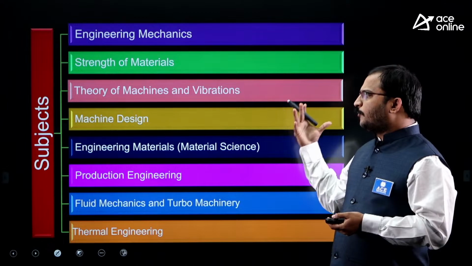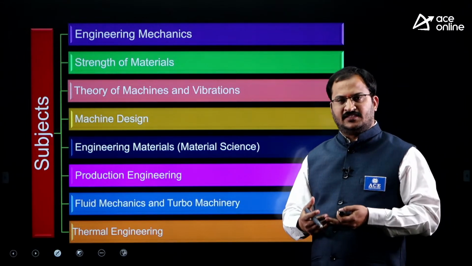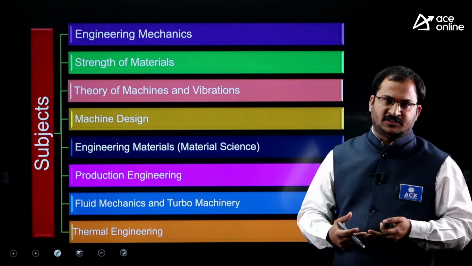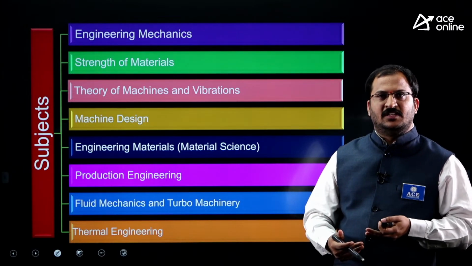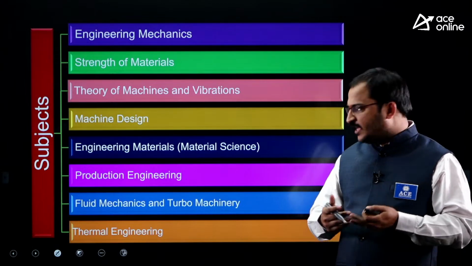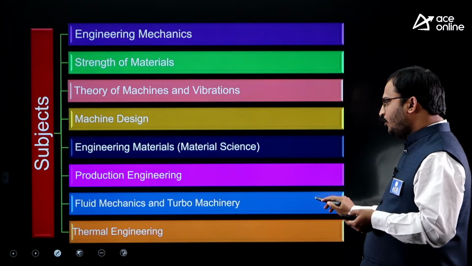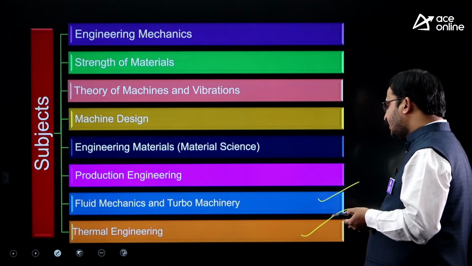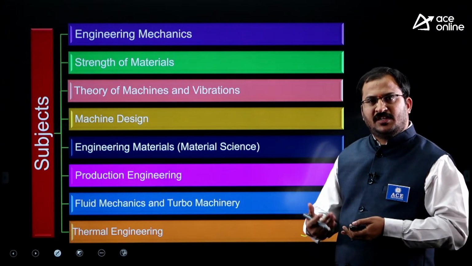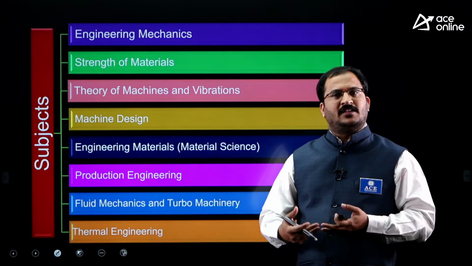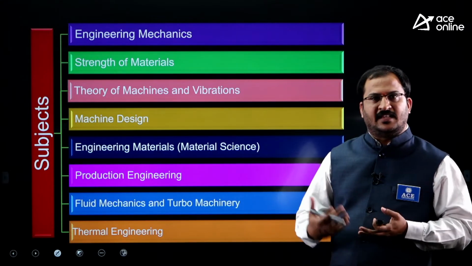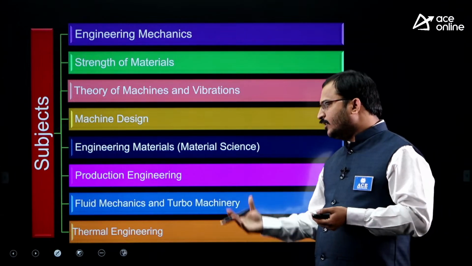In prelims or paper 1, which is a computer based test, the majority of the questions came from 2 subjects, fluid mechanics and turbomachinery, and thermal engineering. Thermal engineering includes refrigeration and air conditioning, then the power plant engineering basics, like the Rankine cycle, steam nozzles and steam turbines also.